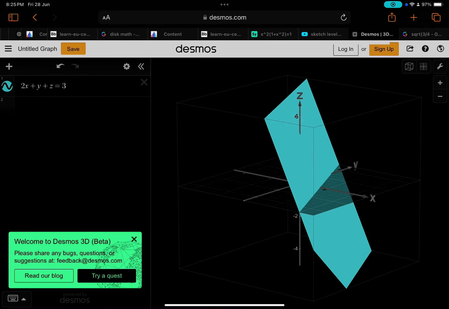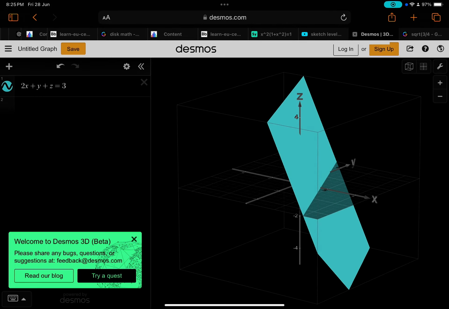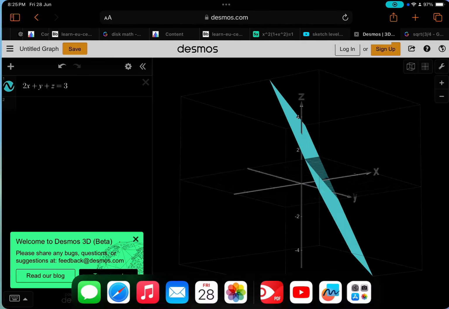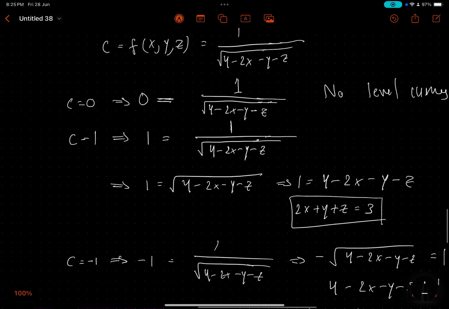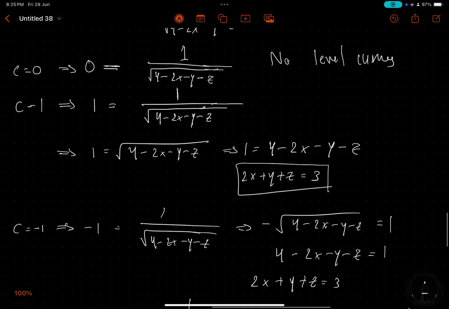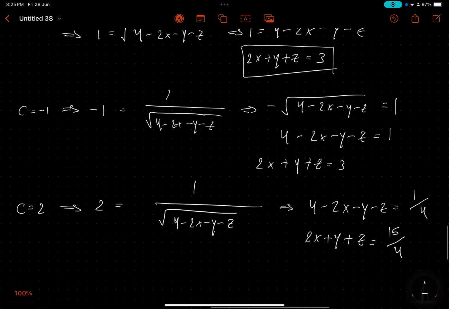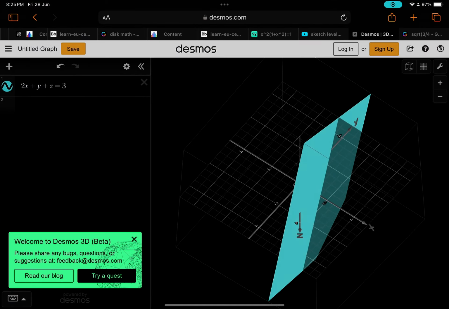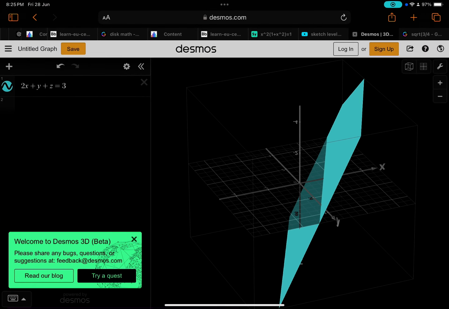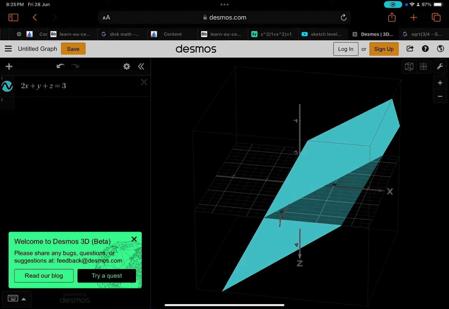Now this is our surface for c equals 1, as you can see. Sorry, for c equals 1, we said 0. c equals 0 has no level curve. Now let's try c equals 2. So 2x plus y plus z equals 15 over 4. Okay, so this is our surface, as you can see.